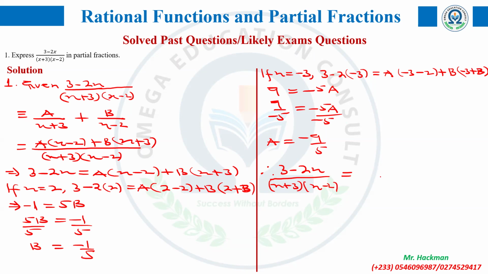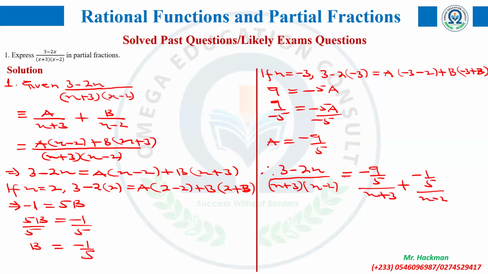So A is negative, B is negative. So I don't have any positive to start with. So I will still start with my A. So minus 9 over 5, but the whole of that over your x plus 3, then plus the other one will give you minus 1 on 5, all over your x minus 2.